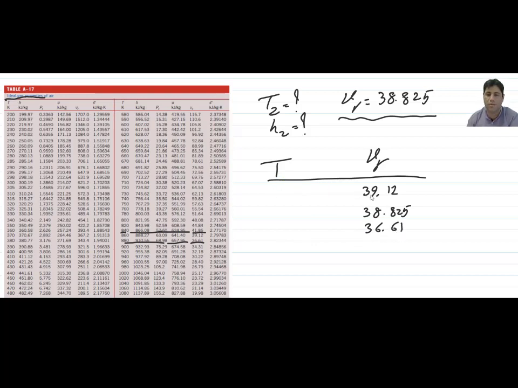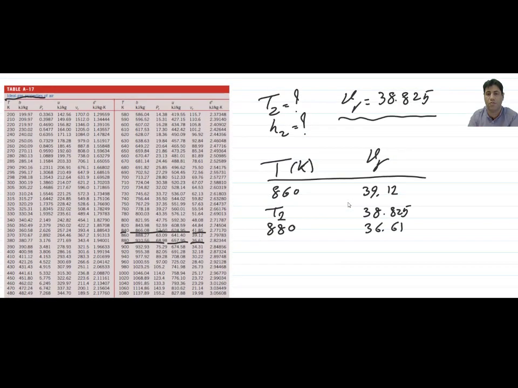How about temperature? Its unit is Kelvin. When VR is 39.12, temperature is 860. And when VR is 38.825, we don't know the temperature. It is T2. And when VR is 36.61, temperature will be 880. So first we need to come up with this table. We extract the relevant information from this table A20.